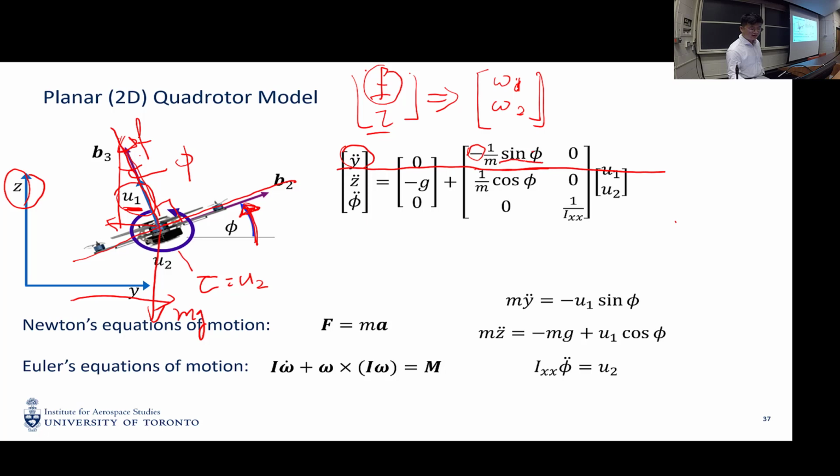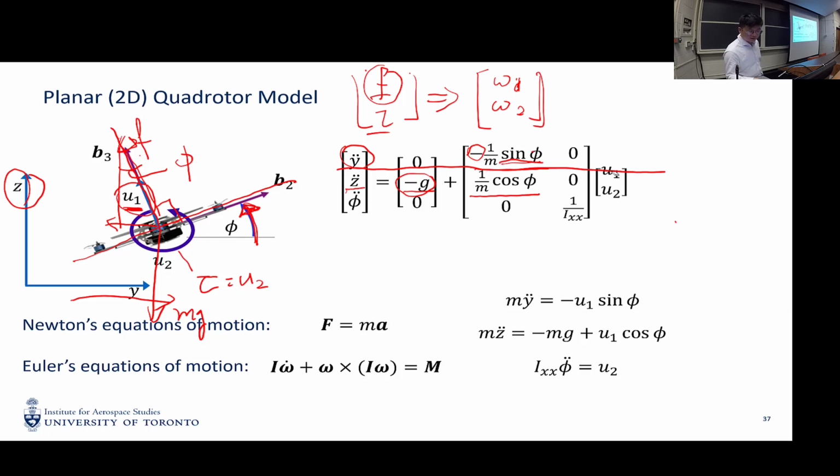But the magnitude is determined by the sine phi. Okay. z double dot denotes the movement in the vertical direction. So very simple, right? We have a minus g here, which denotes the effect of gravity, and cosine phi is the vertical component of the lift.